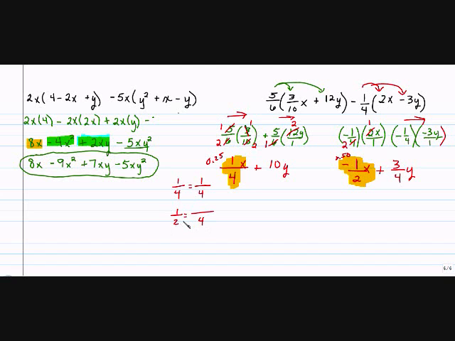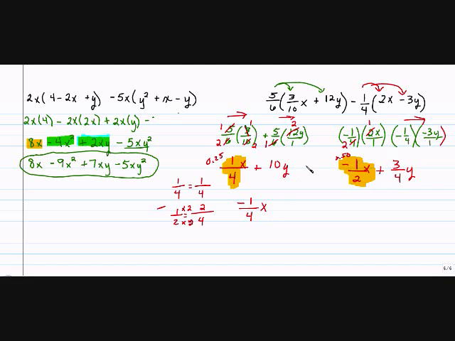The only one I'm changing is the bottom. 2 times what equals 4? That's times 2. So therefore the top is times 2. It's technically 1/4 minus 1/2. 1 minus 2 is a negative 1. And the denominator is 4 and the variable is x.